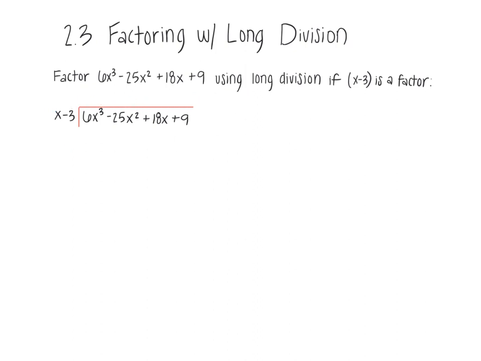The key to solving a long division problem is always making sure that the leading x in your factor and the leading x in the dividend are the same. Here I have x, here I have 6x cubed. So I have to ask myself, what do I need to multiply this x by to make it into a 6x cubed?